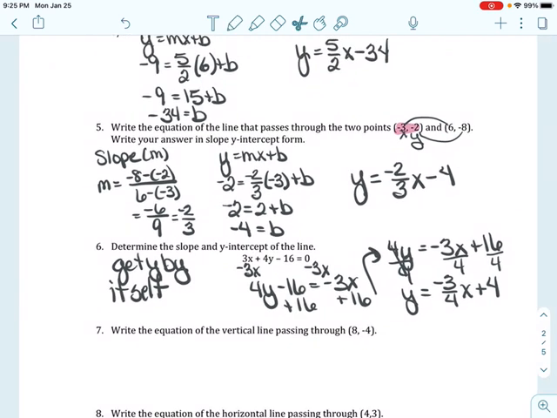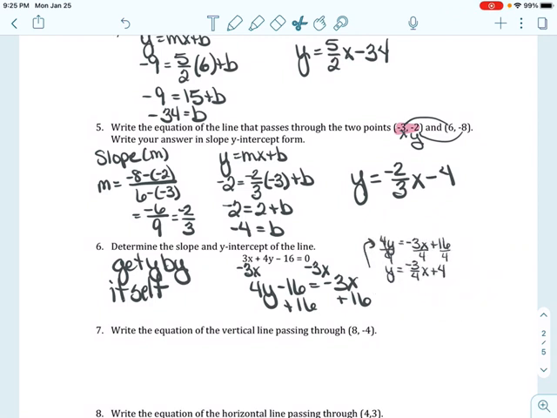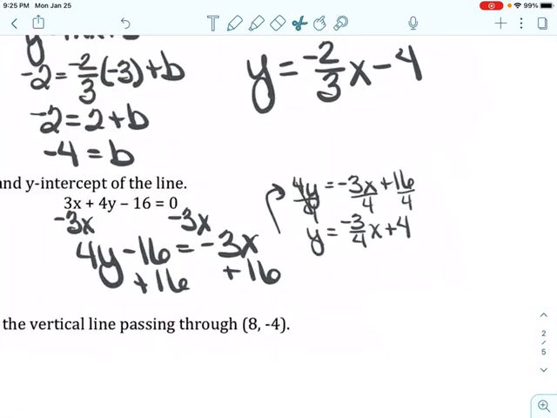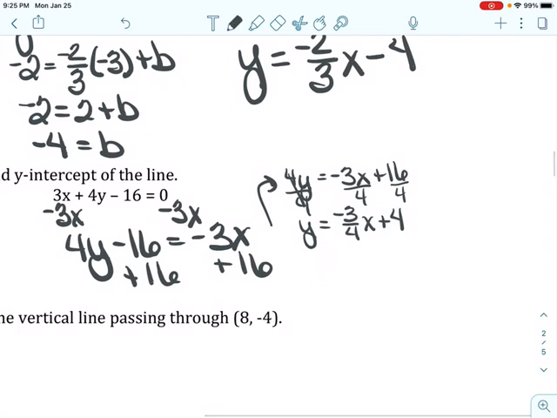Okay, now we're not done. Let's make that a little smaller. There we go. Okay, so it wants the slope and the y-intercept. Negative 3/4 is our slope. And the y-intercept.